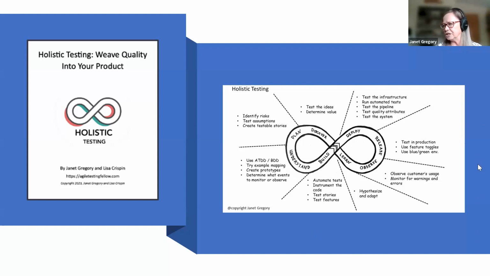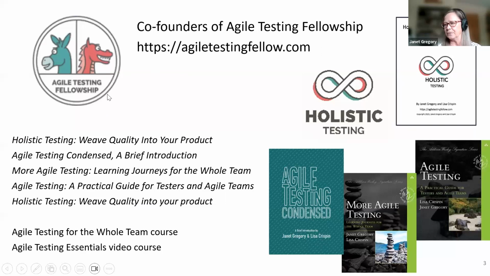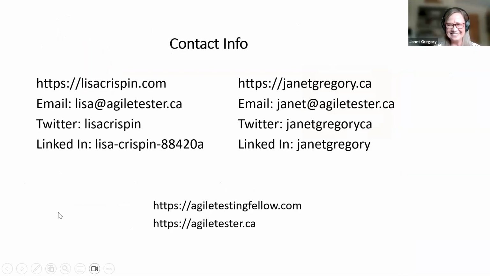Let me change the slide. There we go. So you can download, you can contact us, and you can download the mini book on the main page of Agile Testing. Just scroll down a little, you'll see the button. We don't even make you put your email in. It's just free for the asking.